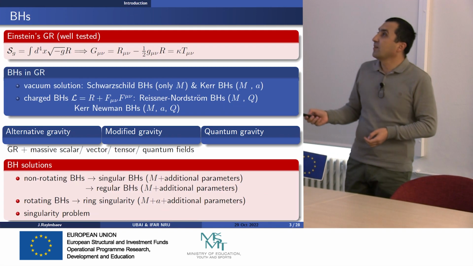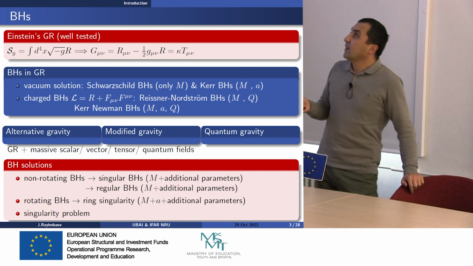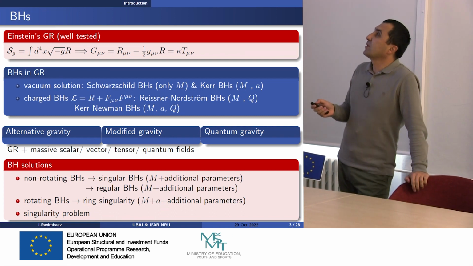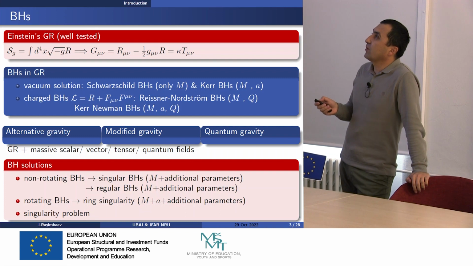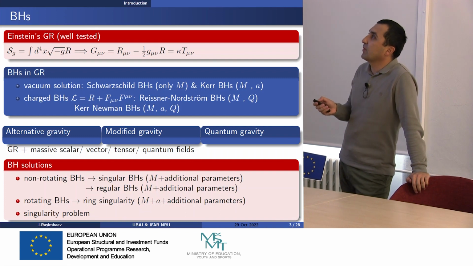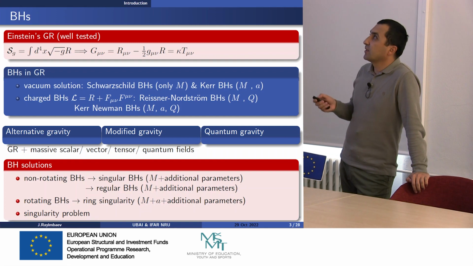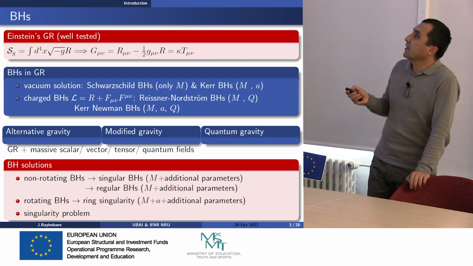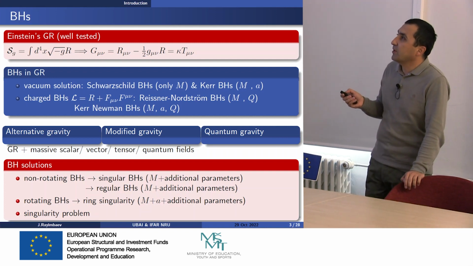Okay, it's working. So the Schwarzschild black hole has only the mass parameter, and the Reissner-Nordström black hole has both parameters, mass and charge. Then the rotating black hole solution was obtained by Kerr, with the spin parameter.